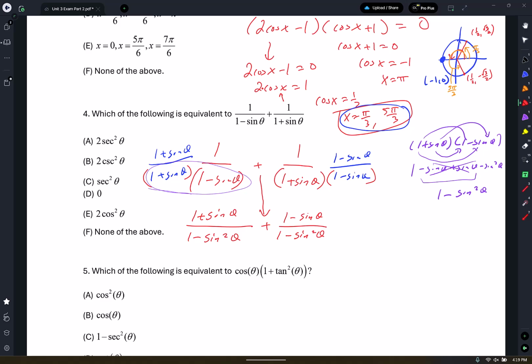Now that my denominators are both the same, I can add them. So here it is: 1 plus sine theta plus 1 minus sine theta, all over 1 minus sine squared theta. So catch up to here.